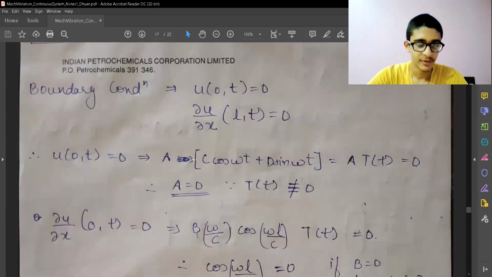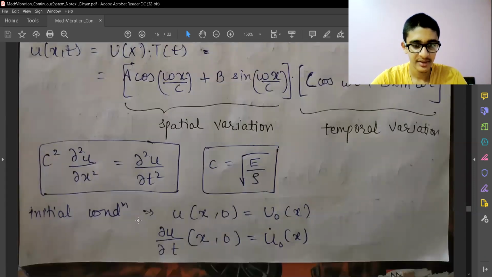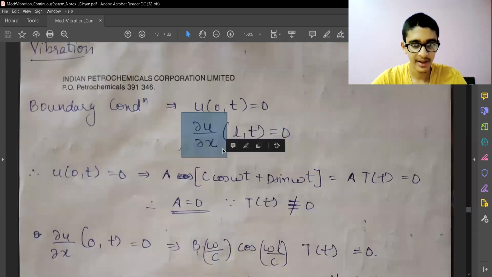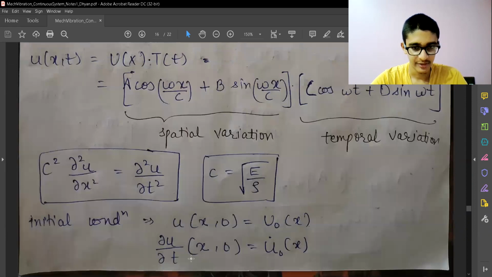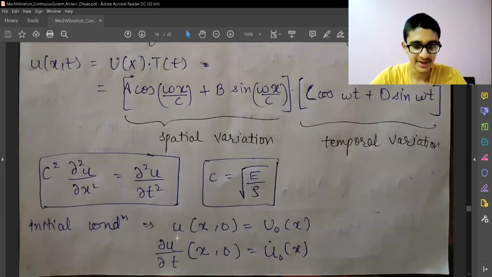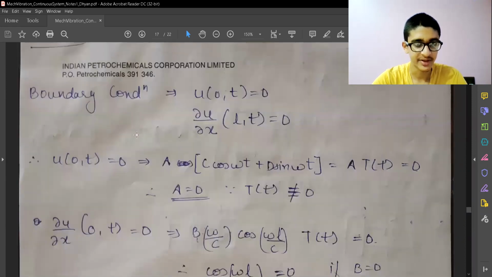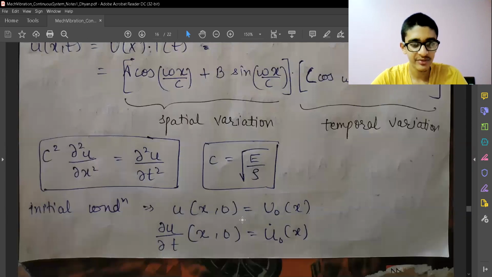So let's come over here, and the boundary conditions are this: u of 0 comma t. Just remember that this is del u by del t, and this is del u by del x. So this is a kind of strain, and this is not a kind of strain. That's a kind of velocity. Del u by del t, that is displacement by time, that is velocity. So we can use those boundary conditions. These are one set of boundary conditions or initial conditions.